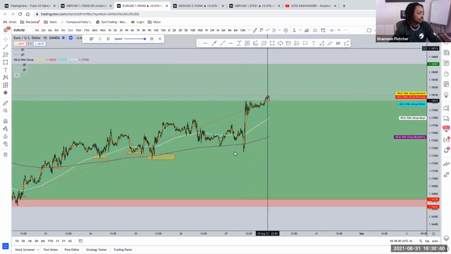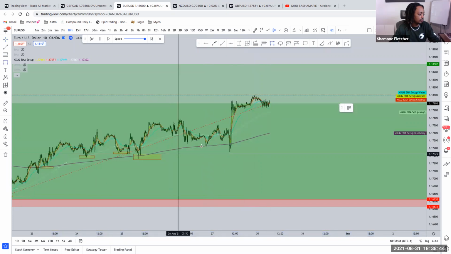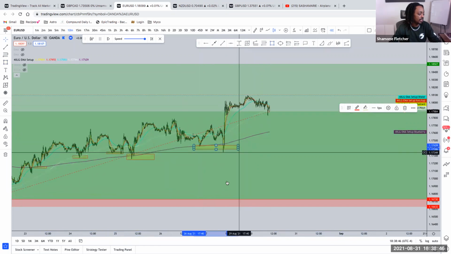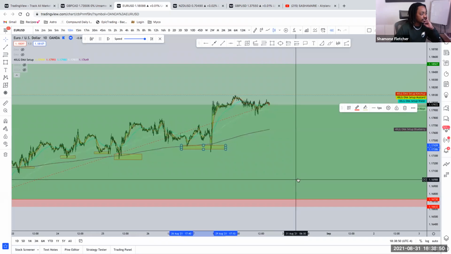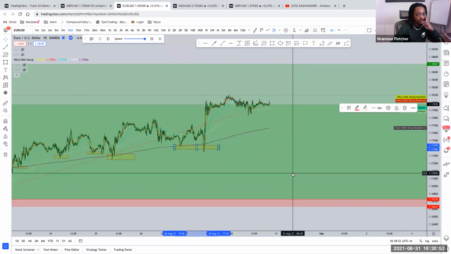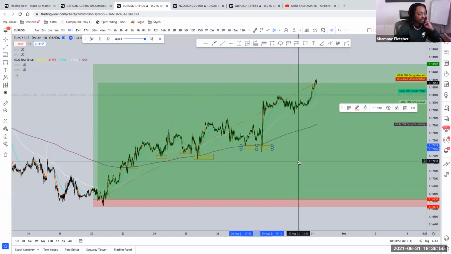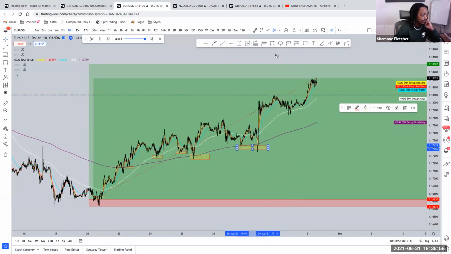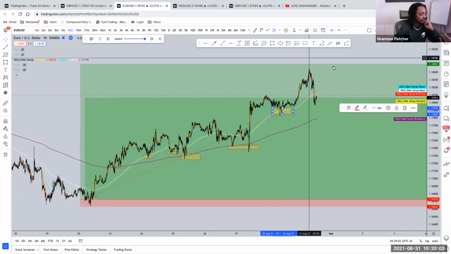Look at how price respects levels though. Every time, it is just pulling back to touch structure. Every time, it pulled back to retest our trend.